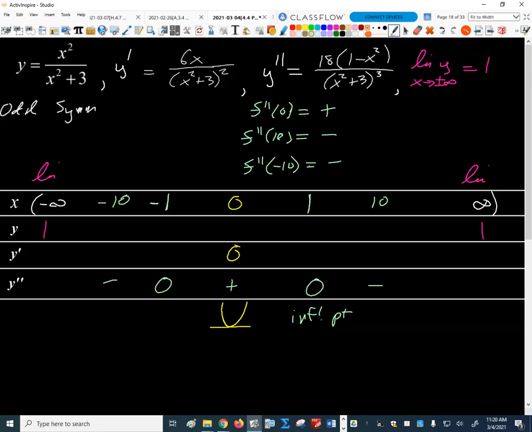For y, okay, good. For y double prime, it's even. You're right. For y double prime, we get even symmetry. My original function has odd symmetry, right? Everybody agree? Is that helpful to me at all? Okay, good.